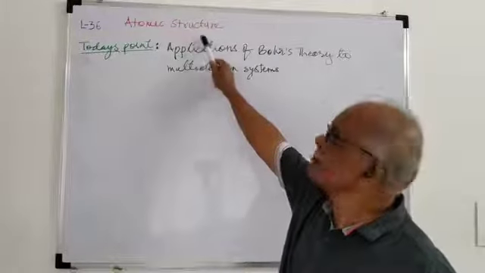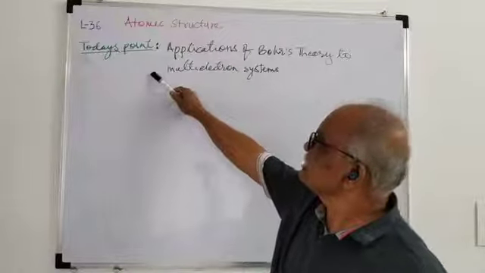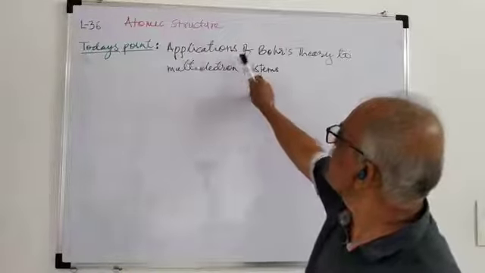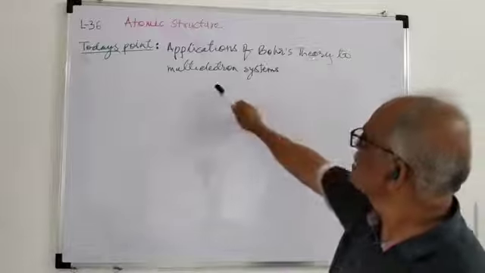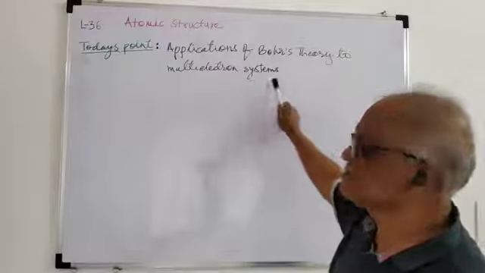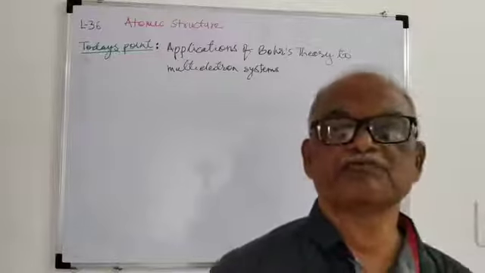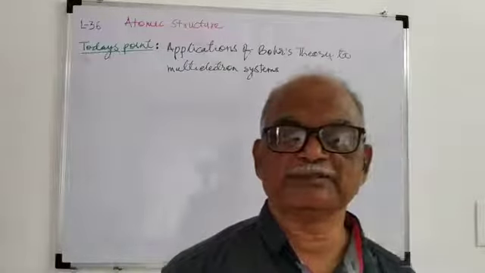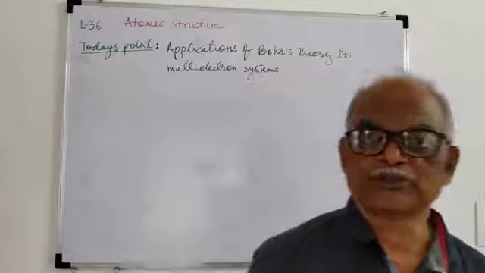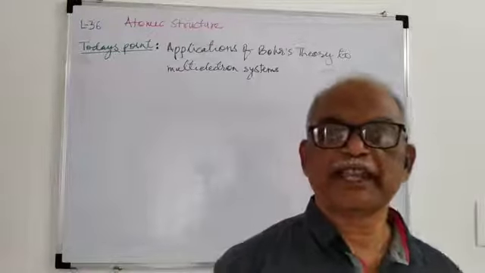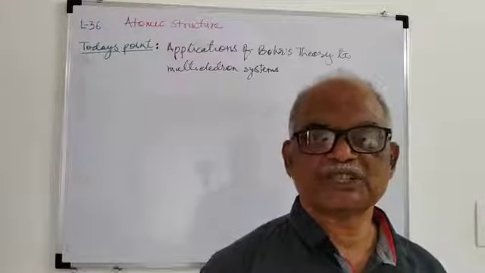Today we will see our original topic, that is atomic structure, and today's point of interest is applications of Bohr's theory to multi-electron systems. Last time we saw Bohr's model of an atom, specifically for hydrogen, because hydrogen is a single electron system.